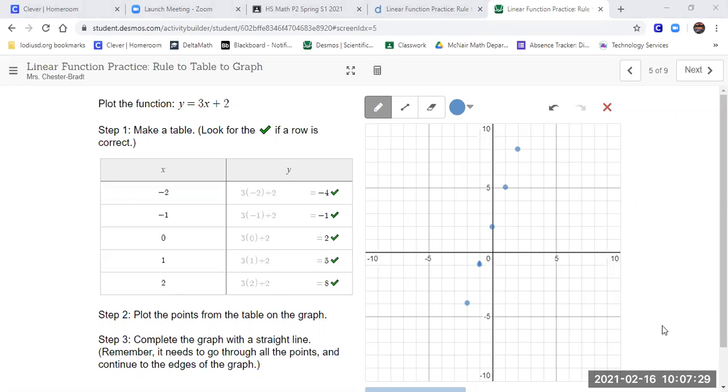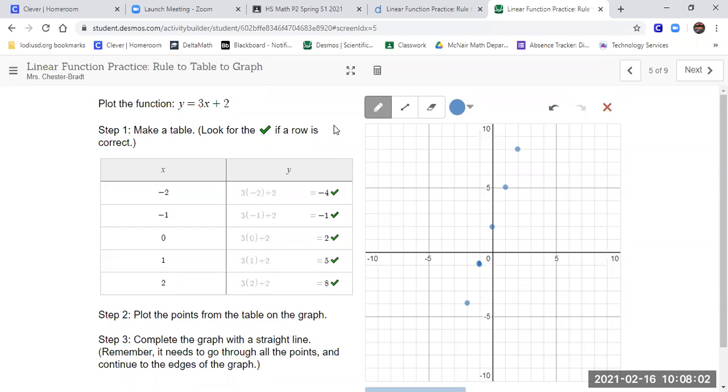Okay. Is this graph proportional? No. Why is it not proportional?